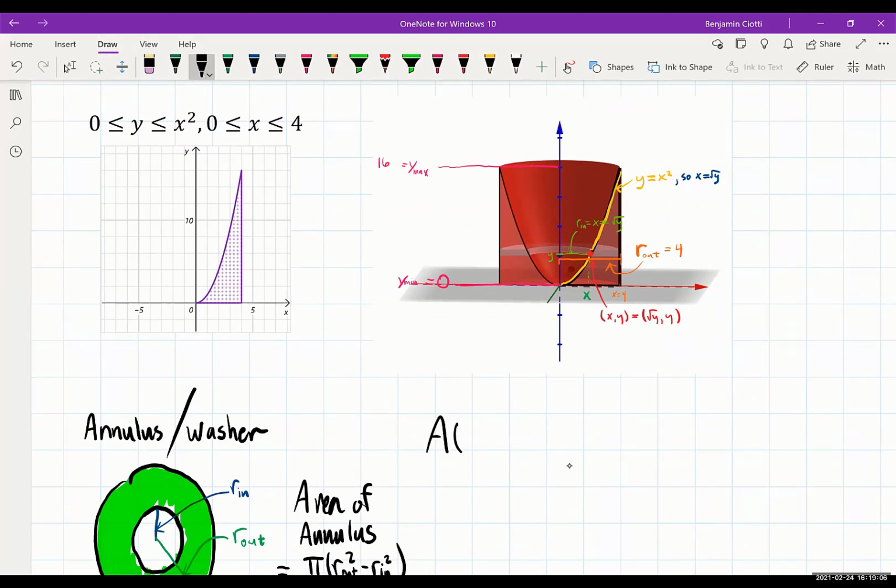So the cross-sectional area is a function of y, which, since it's an annulus, is the outer radius squared minus the inner radius squared times pi. Outer radius is 4. Inner radius, we figured out that that was root y.